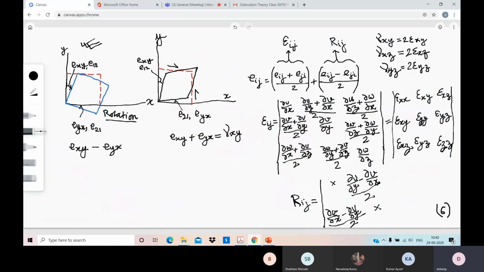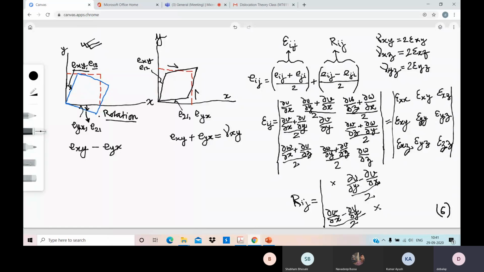So you are finding here there is a displacement along this side, which is represented by EXY, along the direction x proportional to y, or you can write it as E12. Similarly, there is a displacement along this way, and that displacement is basically EYX or E21, because the displacement is happening in the negative y direction, and it is proportional to the x direction. But do you think the body has deformed or strained? No, no strain. You have just rotated it.